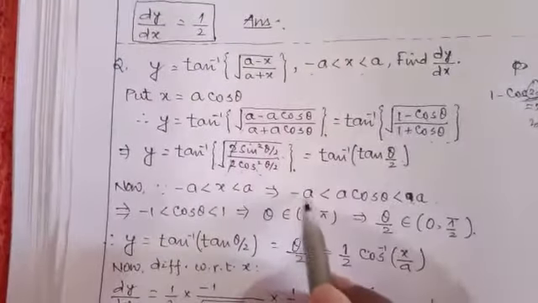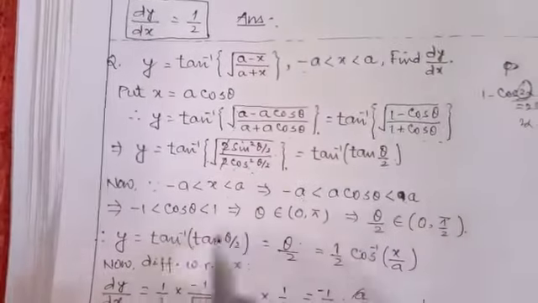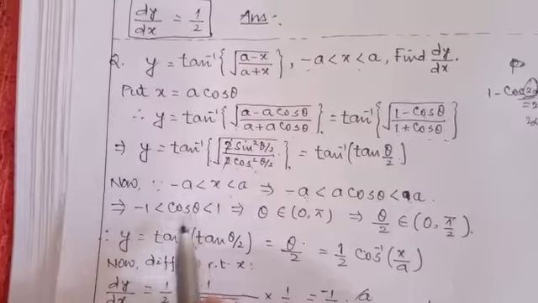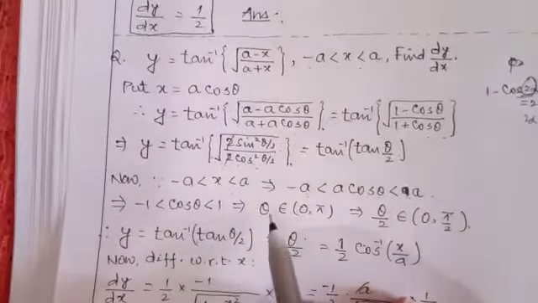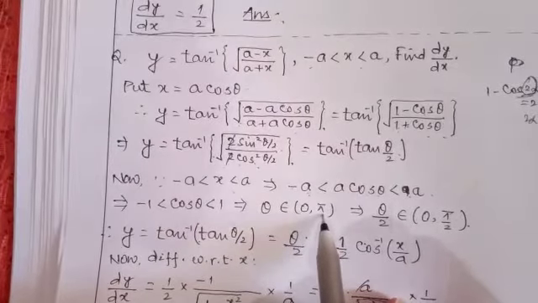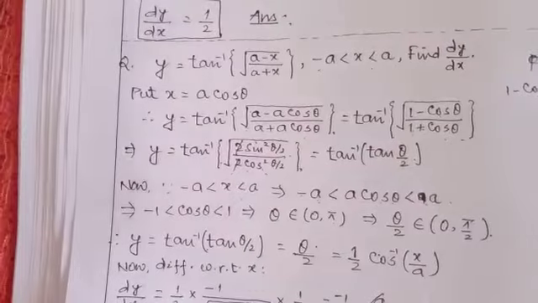So this becomes minus 1 less than cos theta less than 1, meaning cos theta lies between minus 1 and 1. So theta lies between 0 to pi, that is in the first and second quadrant.